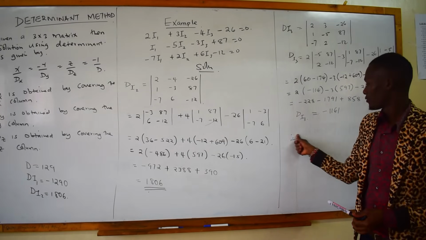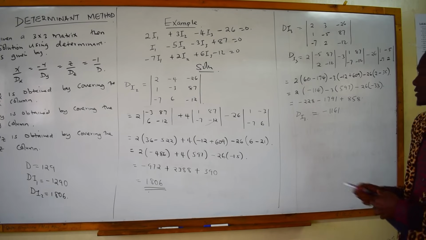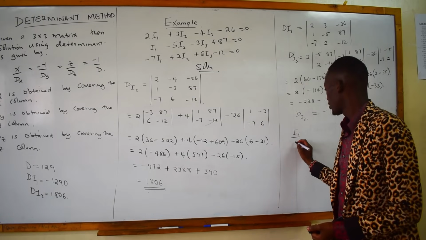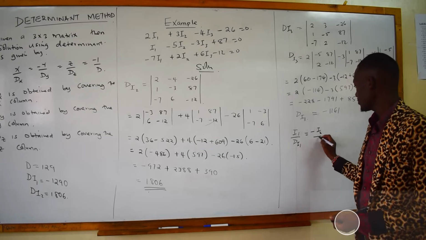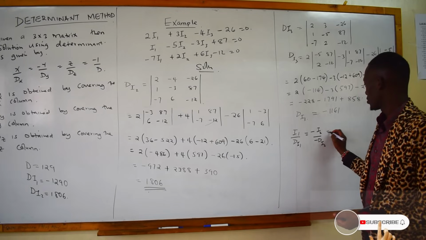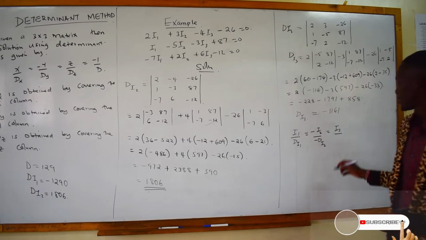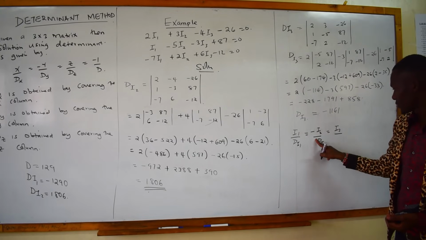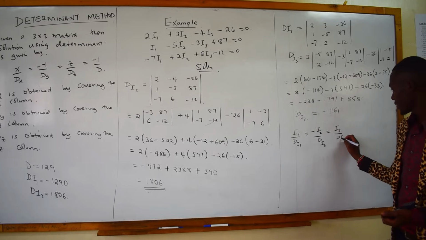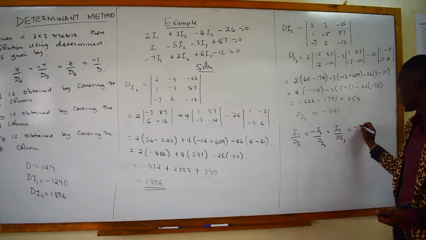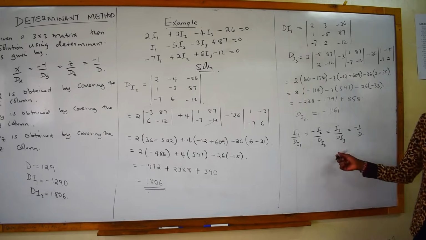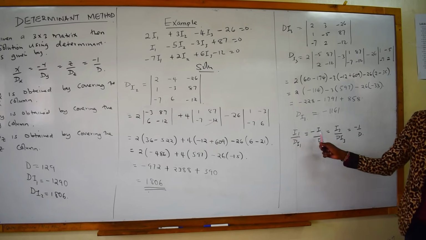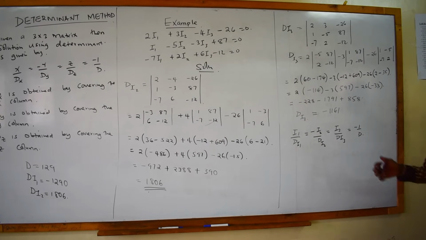So we shall have I1 over DI1 equals negative I2 over DI2 equals positive I3 over DI3, then equals to negative of 1 over D. So from the x, y and z, we just replace our x, y and z with I1, I2 and I3. Now we take two terms at a go with respect to our determinant here.